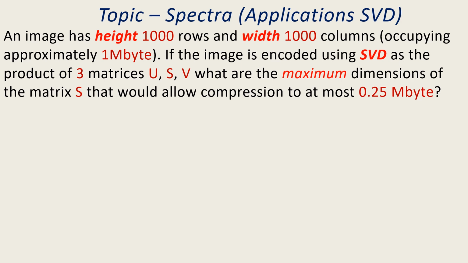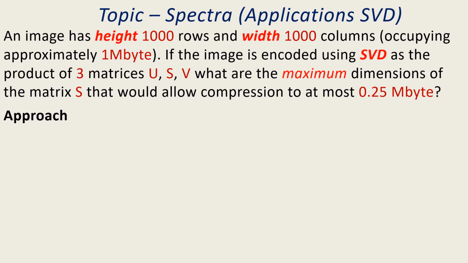If the image is encoded using 3 matrices U, S, and V, for the singular value decomposition, you may be asked, what are the maximum dimensions of the middle matrix in order to allow a total space under 1/4 of a megabyte?